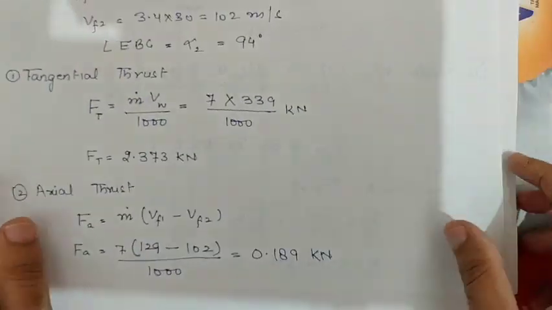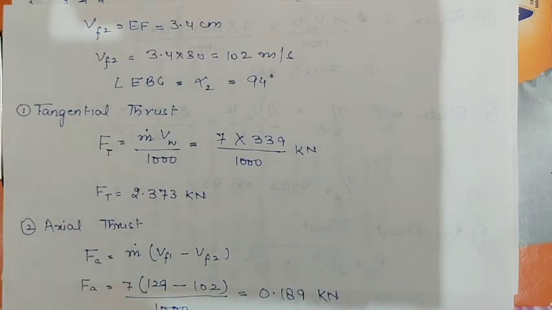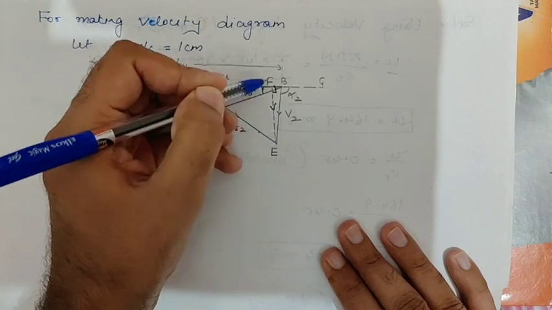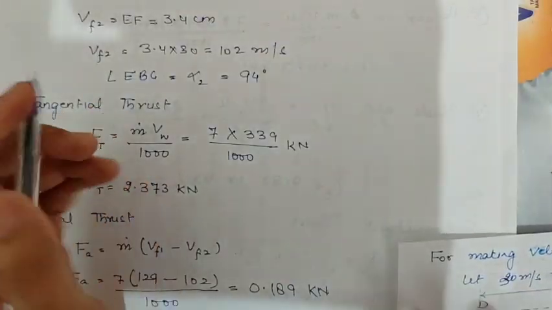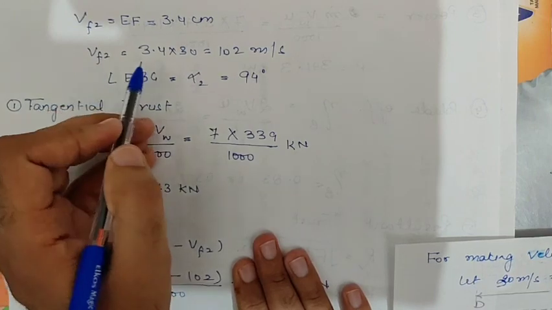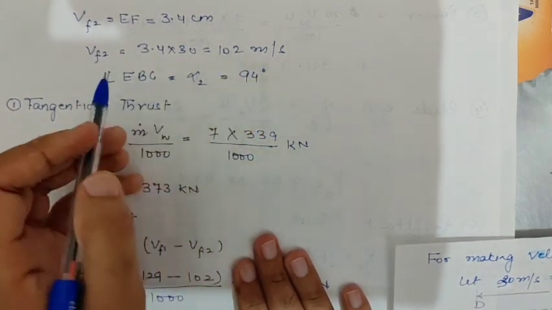Now we will calculate the value of VF2. VF2 is the length of this perpendicular line, FE. The length of FE is 3.4 centimeter. So the value of VF2 is 3.4 into 30, which equals 102 meter per second.